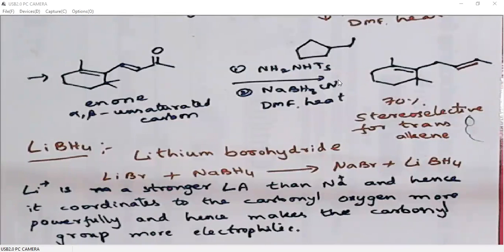The carbonyl carbon is already electrophilic, but when we add a strong Lewis acid to the carbonyl oxygen, the carbonyl carbon becomes even more electrophilic. So the reactivity of a carbonyl carbon will increase in the presence of a Lewis acid. That is why lithium borohydride is a stronger hydride transfer reagent than sodium borohydride.